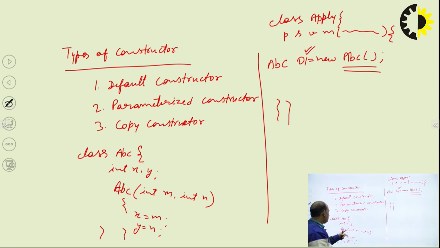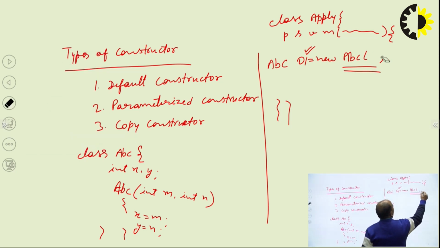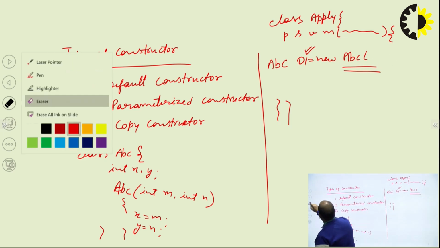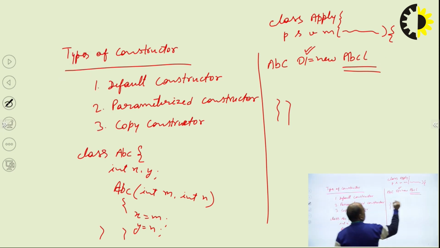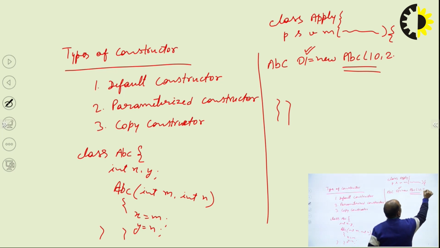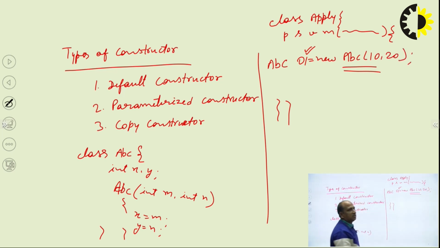Since this constructor is available, we have to create the object by this constructor only, which means we have to pass two integer type values to use this constructor to create the object.